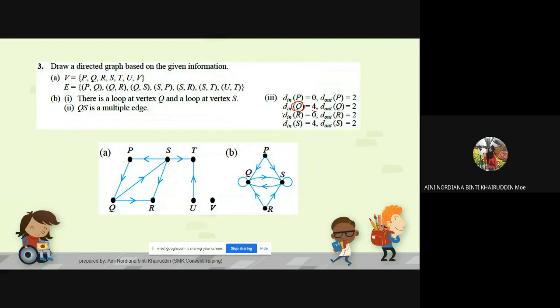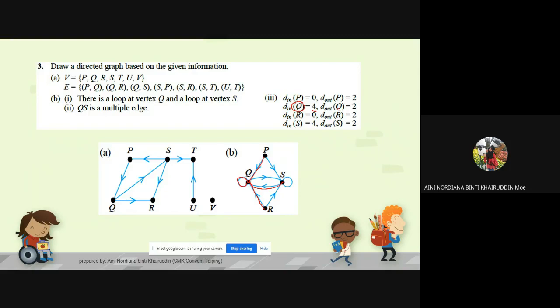Okay, D in for vertex Q, the loop degree 2. D in means those entering Q. So 1, 2, 3, and 4.